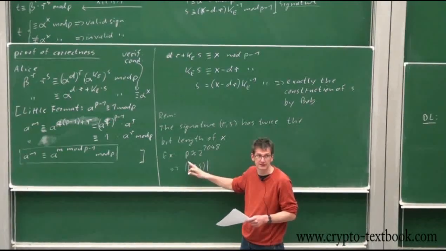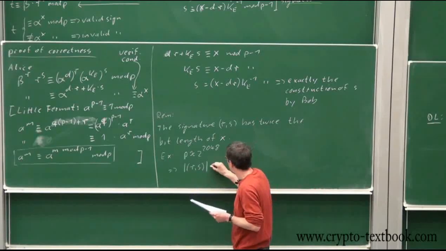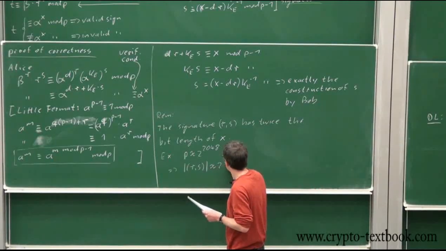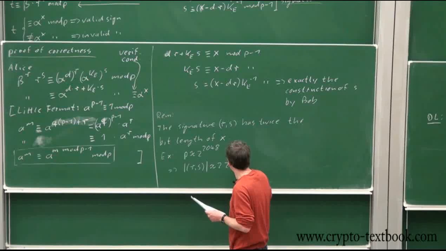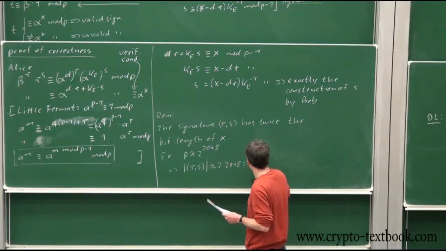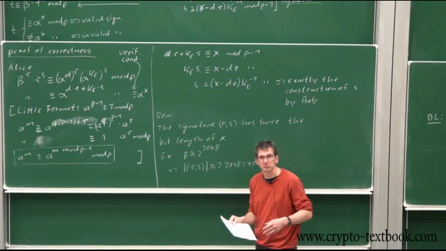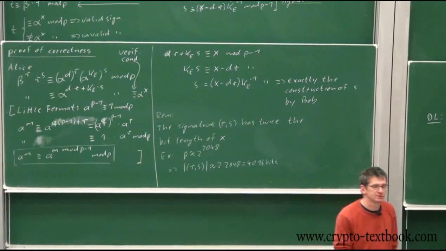These are not parentheses. This means the length is 2 times 2048 bits, which is 4096 bits, okay? Just to give you an idea what that means, okay?